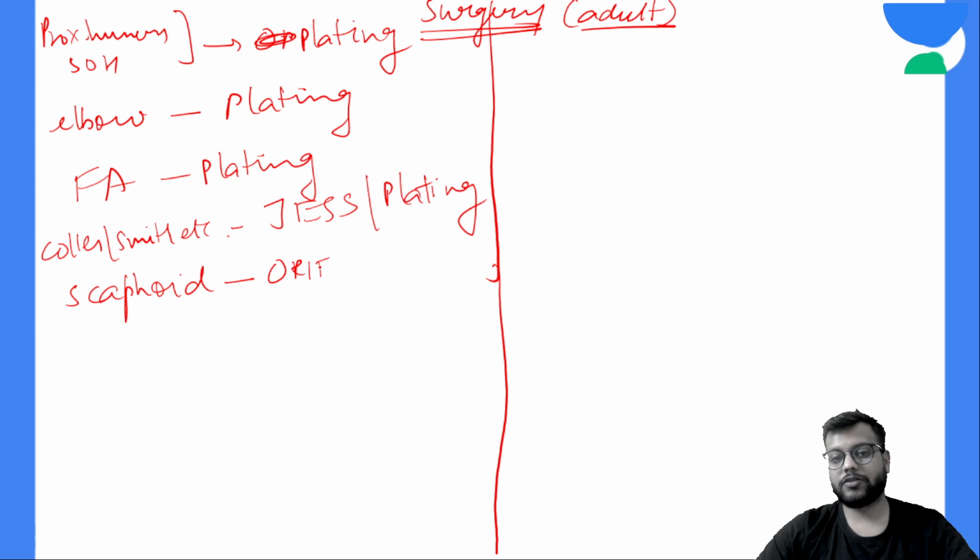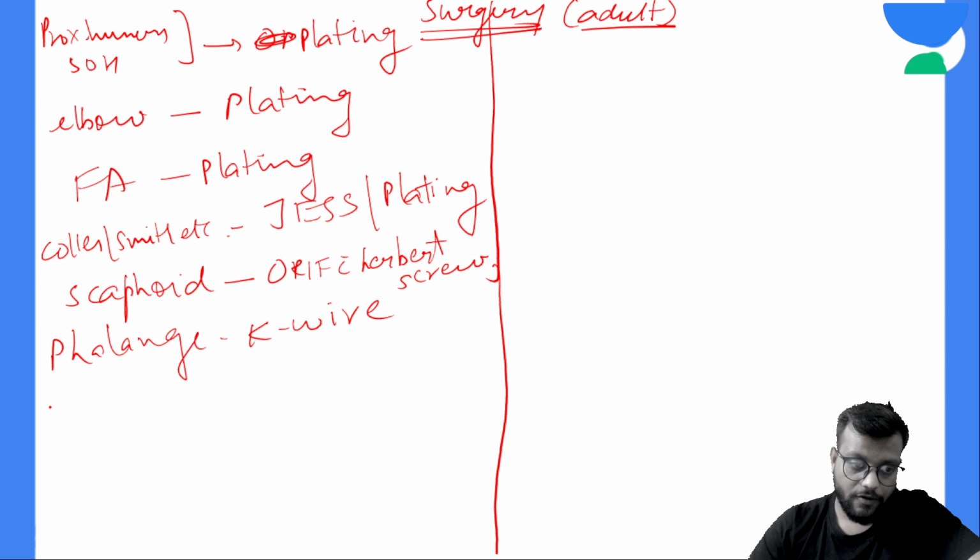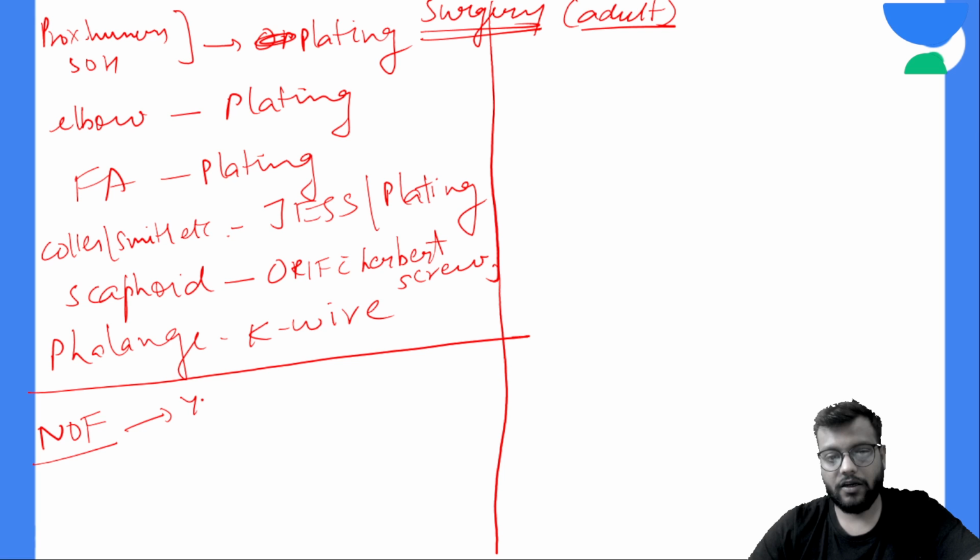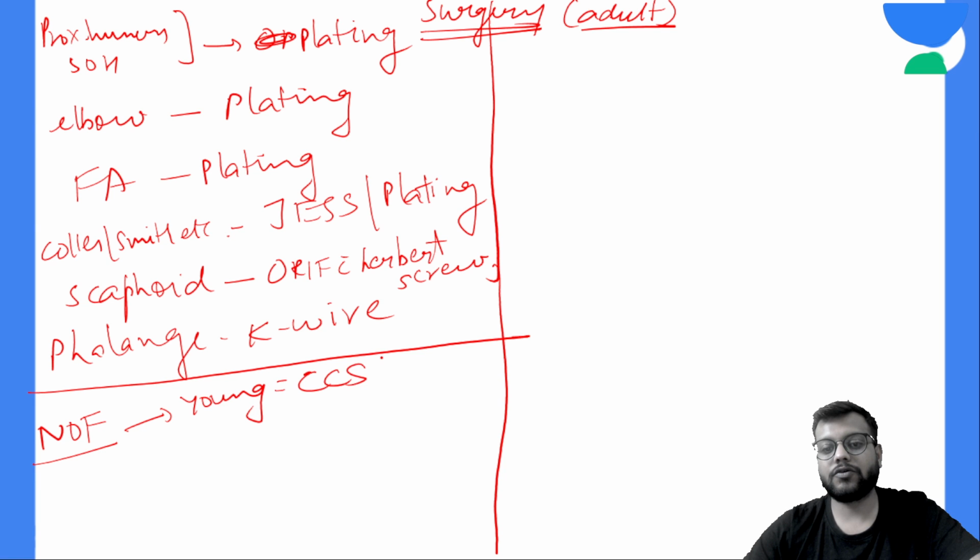In case of any phalange fracture, you go for K wires. Now we'll come to the femur. In the femur, the most important is the neck of femur. In neck of femur, if it is a young adult, you go for the corticocancellous screw or the dynamic hip screw.